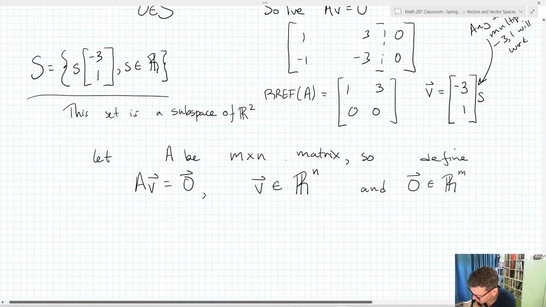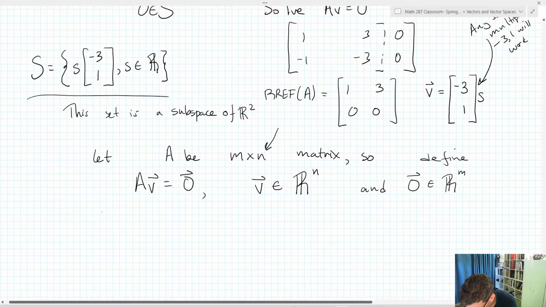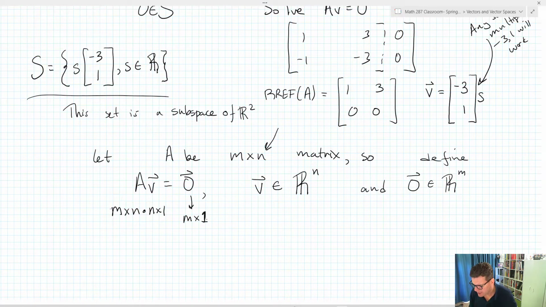V belonging to Rn is because we have n columns. If you have n columns, that defines the size of the vector that you're going to be multiplying by. So this is m by n, times n by 1, and that gives you a 0 vector, which is going to end up being m by 1. And so that defines for me that V is going to belong to Rn.